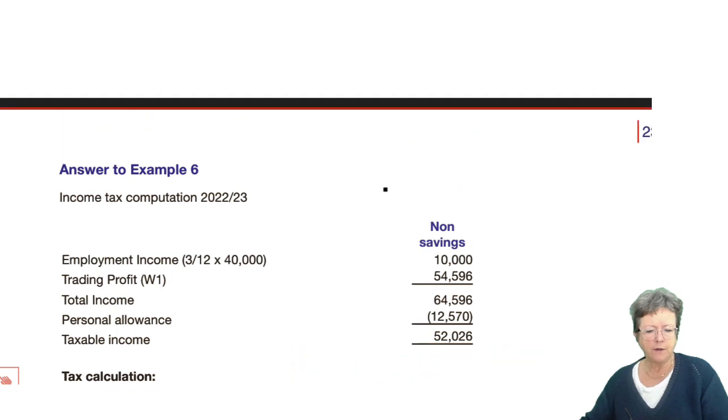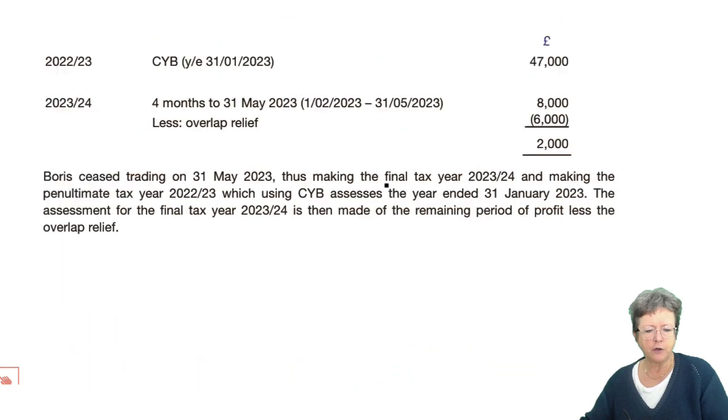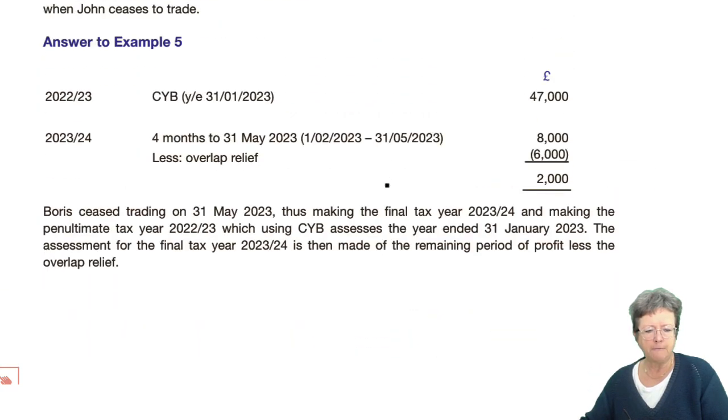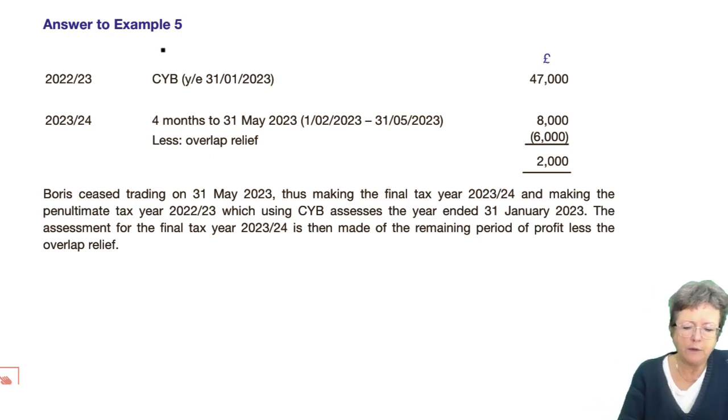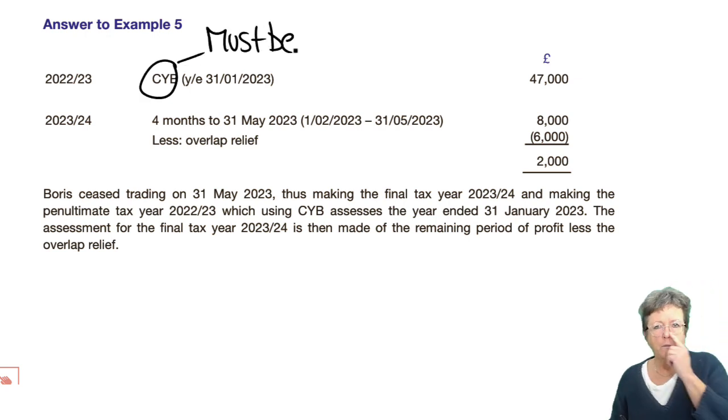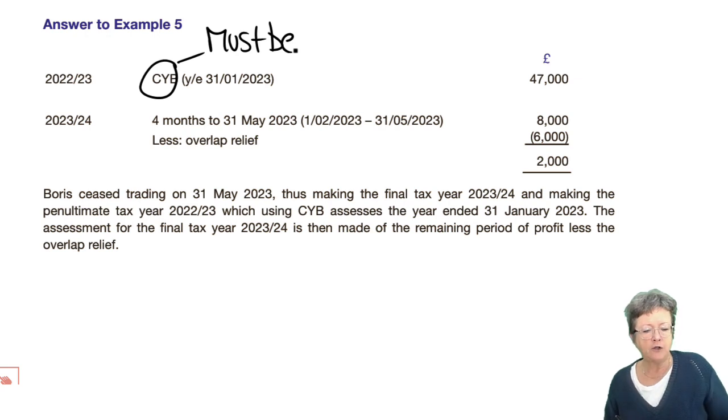I'll show you the answer in here just so that you can see that again. So in 22-23, sorry, it must be a current year basis. So that's the profits. And then in 23-24, we've got the 4 months, the next day to the cessation, less the overlap profits.